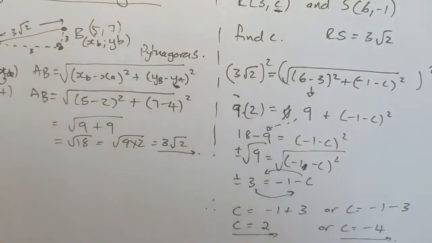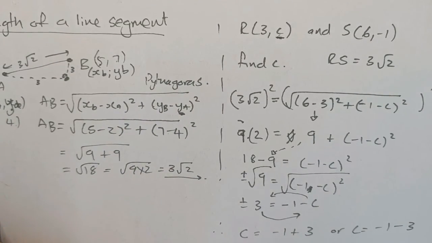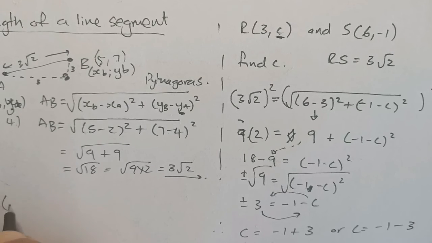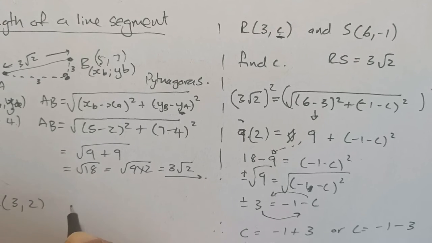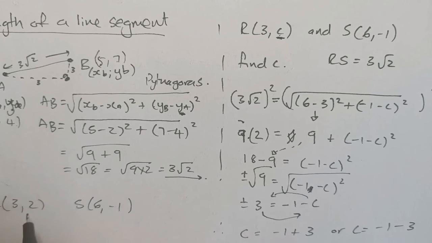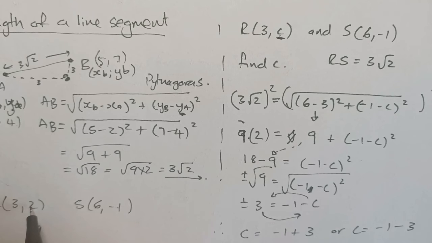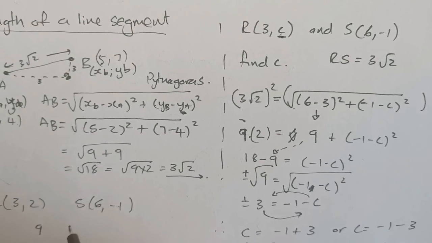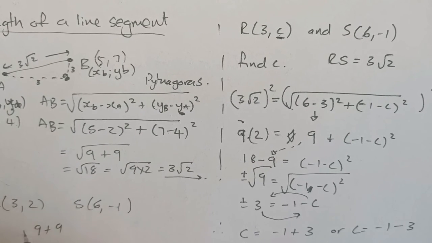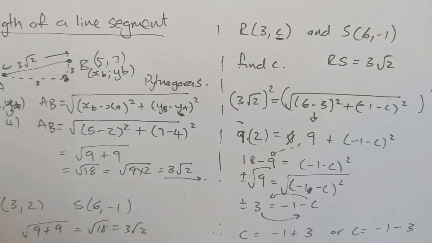You can double check it if you want to by substituting it back into the formula. If you do that, you're going to end up with R (3, 2) and S (6, -1): 6 minus 3 squared is 9, and -1 minus 2 is -3 squared, which gives you 9. 9 plus 9, the square root of 18, which is equal to 3 root 2.